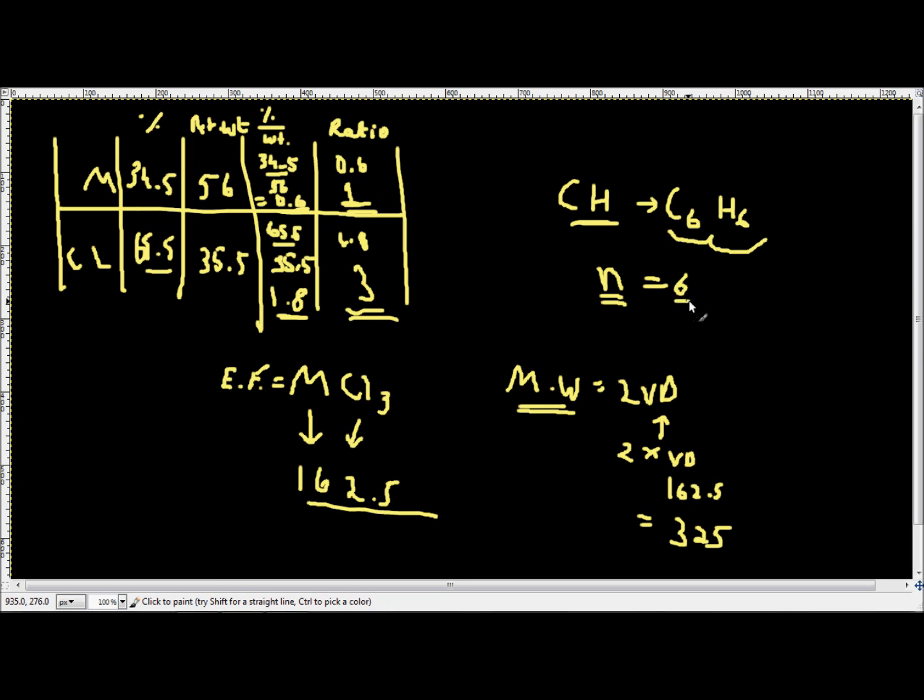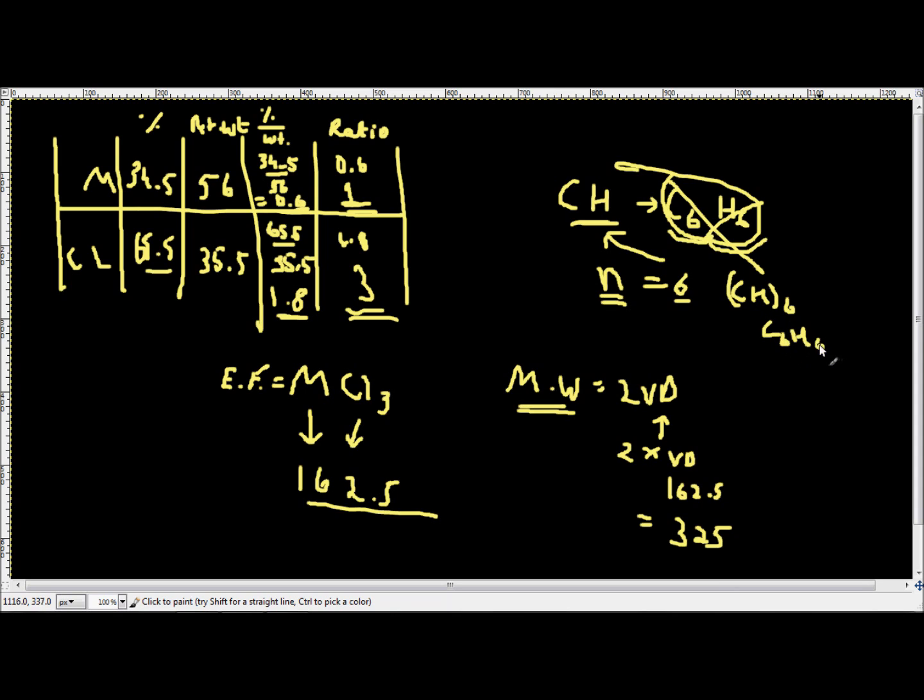Now if you know that N is 6 and you know the empirical formula and you want to know the molecular formula, suppose you don't know this over here, all you need to do is multiply CH by 6. Make this a 6 over here, so you get C6H6.